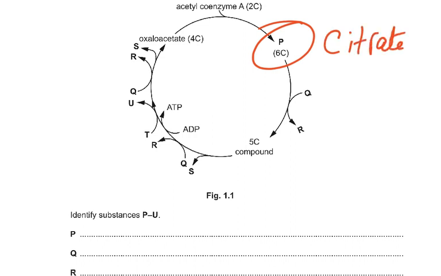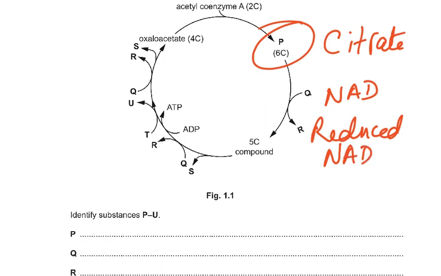And then what is Q? Q is NAD. What is R? R is, you could have said NADH, or you could have said reduced NAD. So reduced NAD would have got you the mark, or NADH would have got you the mark. What is S?